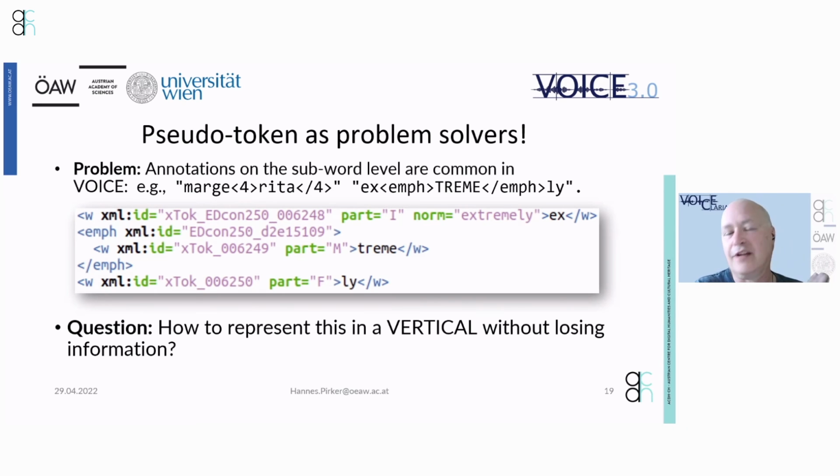So annotations on the subword level are very common in spoken languages. In spoken corpora, in VOICE, we have, for instance, a word like margarita, where the rita part is marked as overlapping with another speech event. We have, as an example here, the word extremely, where the syllable dream is emphasized. And I showed on the slide how this word, for instance, extremely looks like in the original TEI.